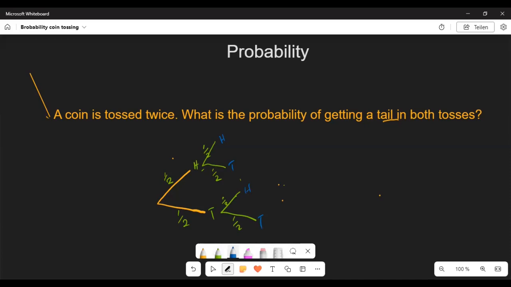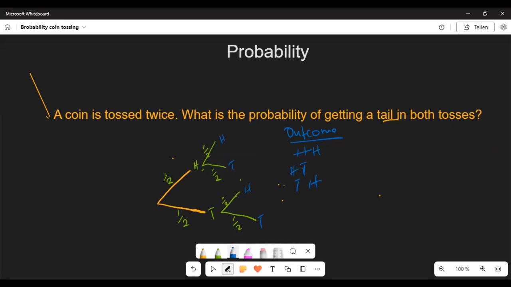So it's always good practice to talk about the possible outcomes that we expect. One outcome is that we have head and head. Another one is that we have a head and a tail. Another one is a tail and a head.